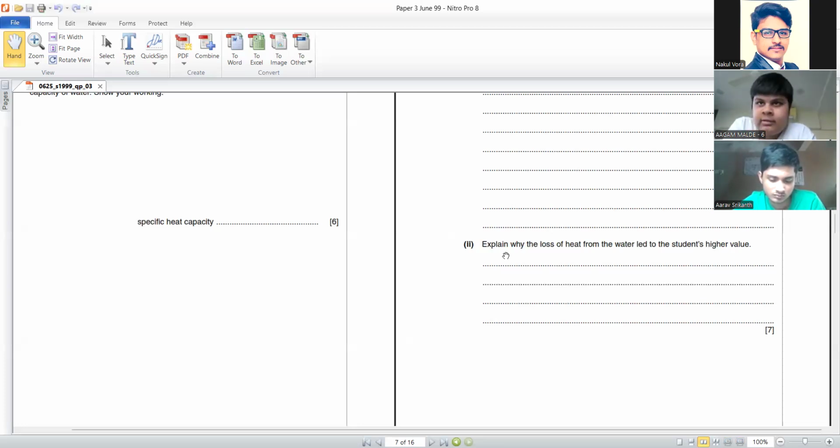So more heat supplied for a longer period of time and hence the value change.